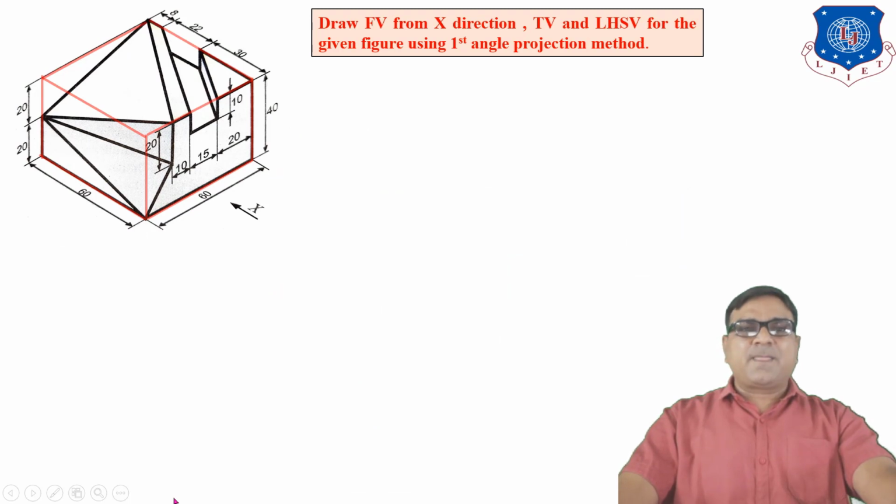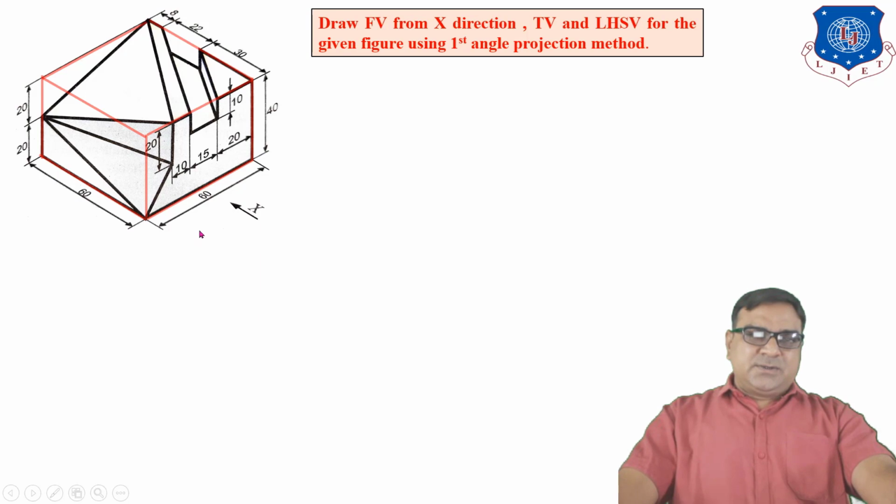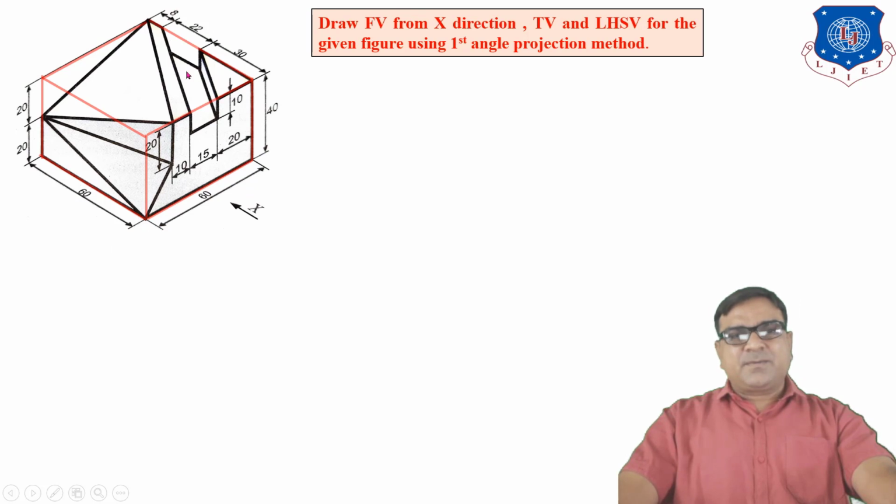Next problem. Draw the front view from X direction, top view and left hand side view for the given figure using the first angle projection method. So this object has length 60 mm, width 60 mm and height 40 mm. There is one slot here. This is a tapered surface or inclined surface.